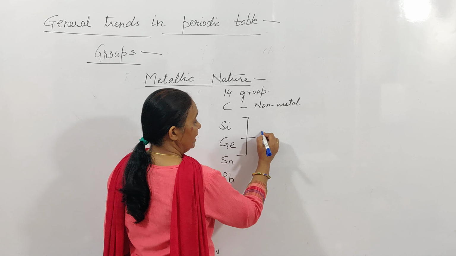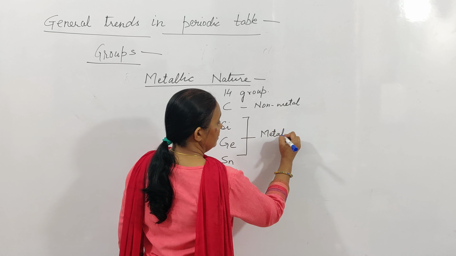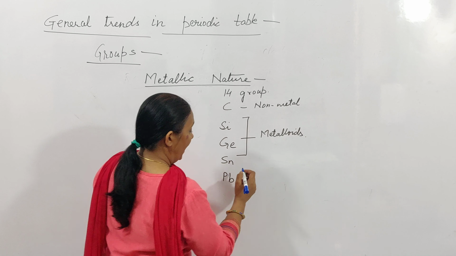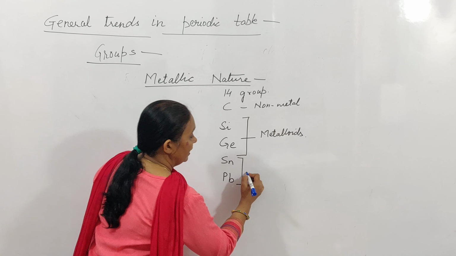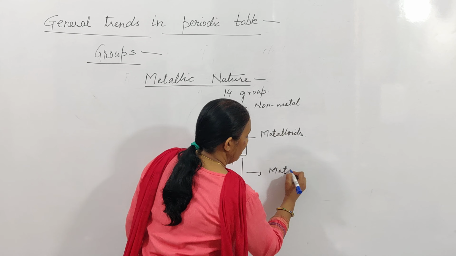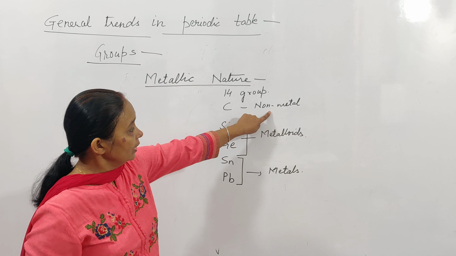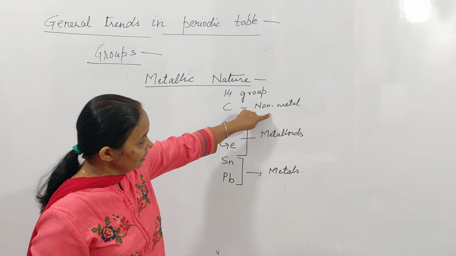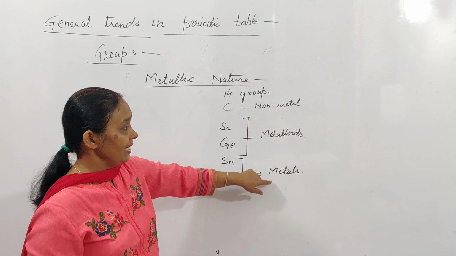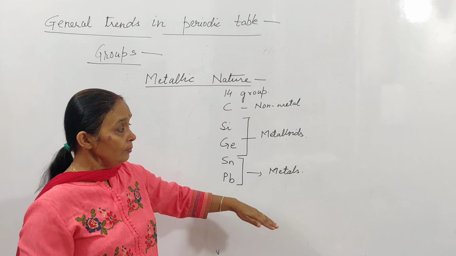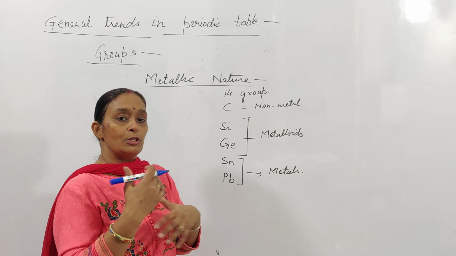Silicon and germanium are metalloids. And tin and lead are metals. So you can very well say that as you move from top to bottom, you are going from non-metals to metalloids and metals. That means as we move from top to bottom, elements change from non-metals to metals.